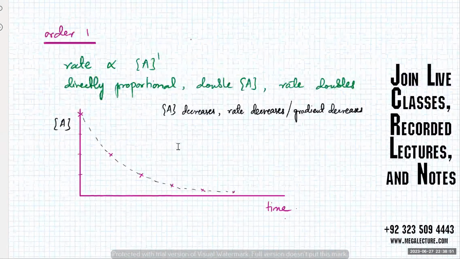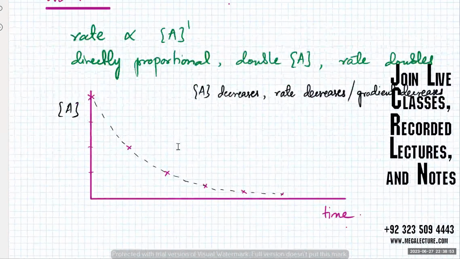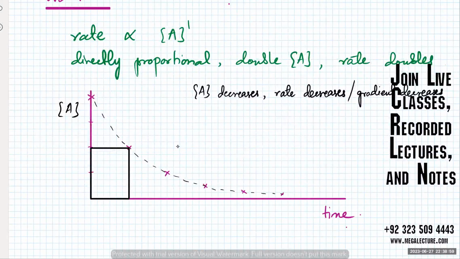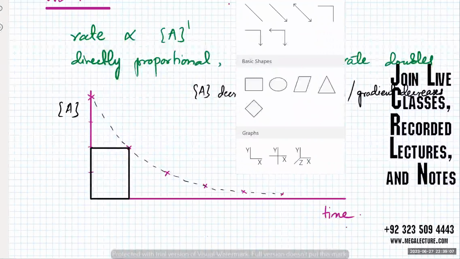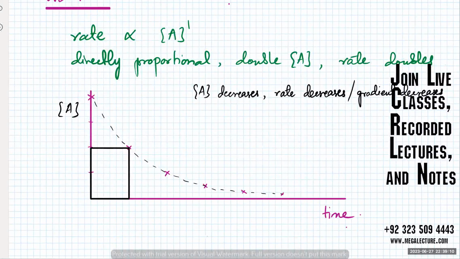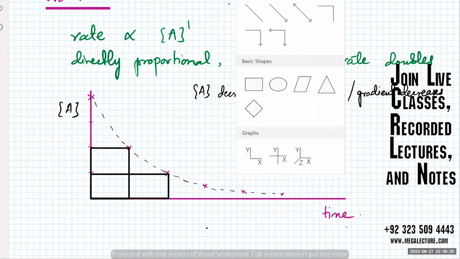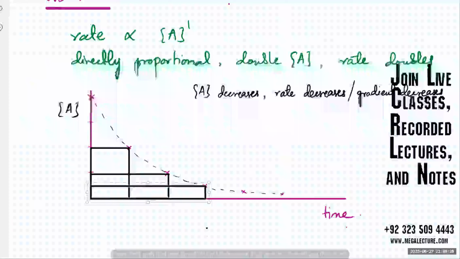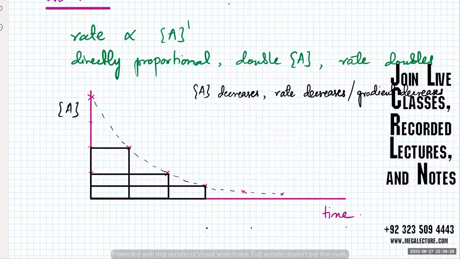So now, by looking at the graph, there's a concept called the half-life, which is the time required for the concentration to decrease by half. Then you have the second half-life, which is the time required for the concentration to decrease by another half. Then you have the third half-life, which is the time required for the concentration to decrease by half once more. Okay? So you would notice a pattern, which is that the half-life is constant.